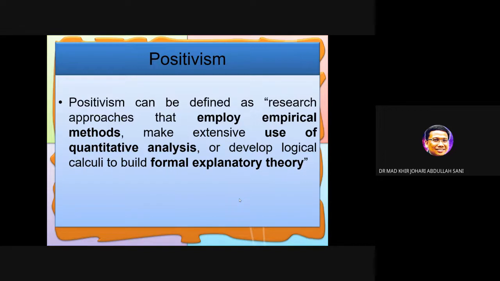For qualitative, definitely you have to explain clearly in chapter 1 your research philosophy. But for quantitative research, since you want to test your theory, your framework, definitely it should be put under research method, which is chapter 3.